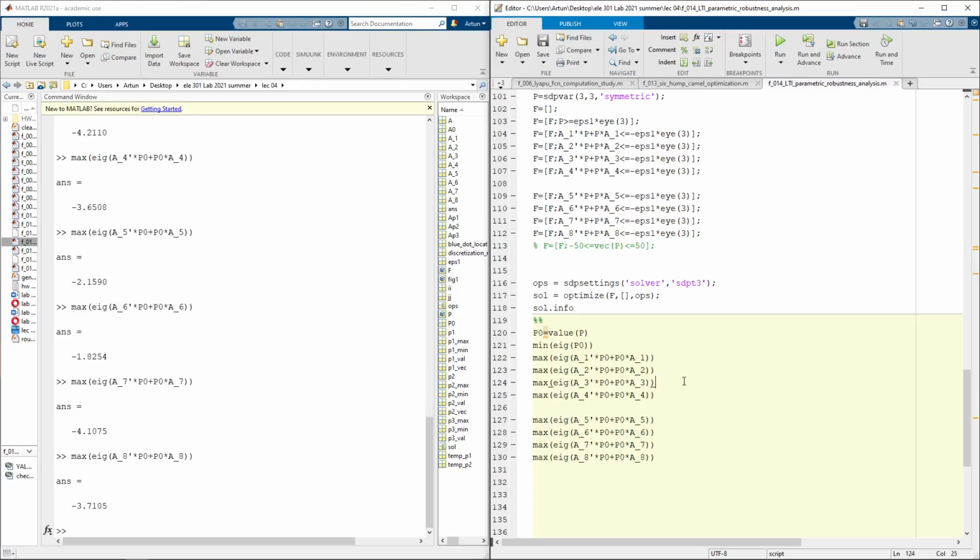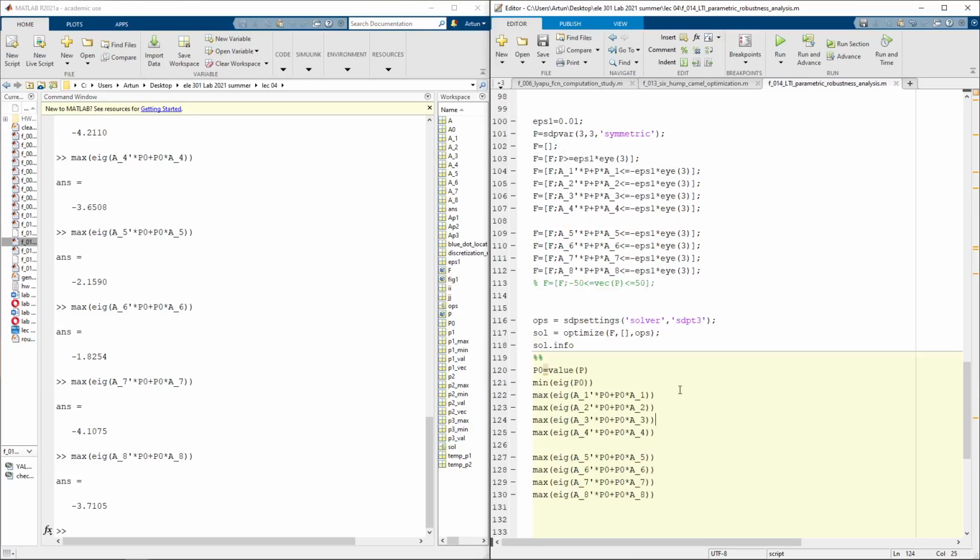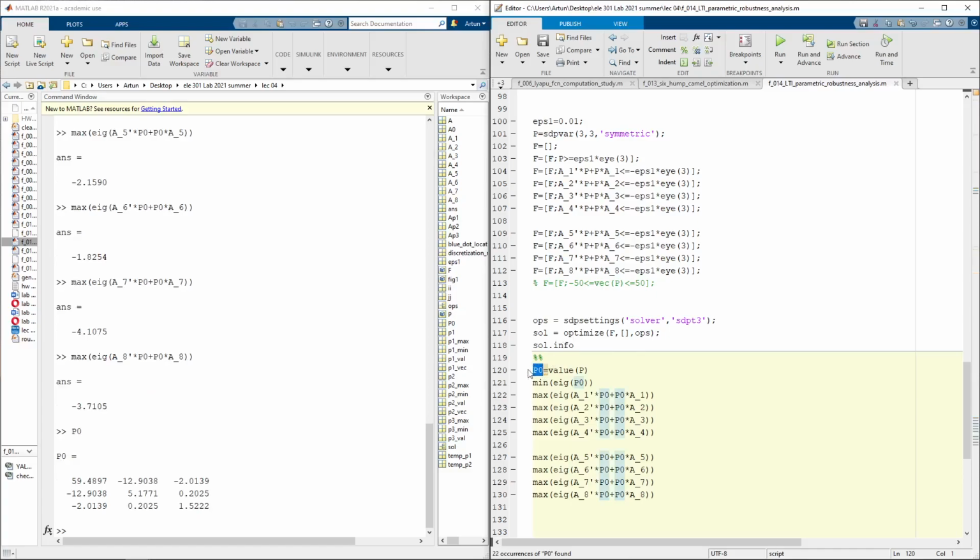I just wanted to show it to you one by one. Again, this is our P matrix.